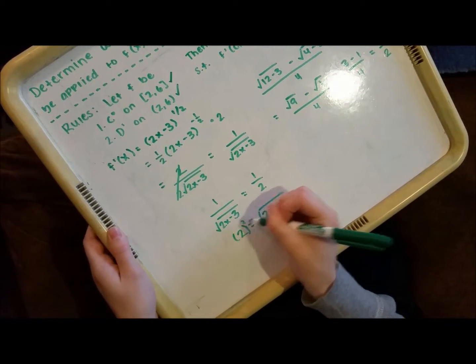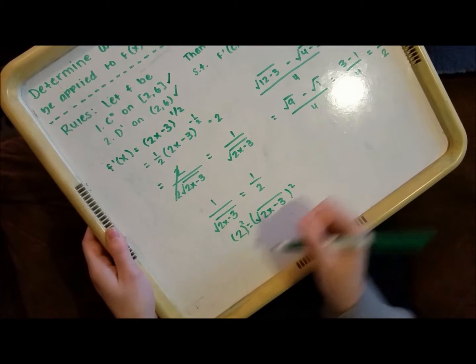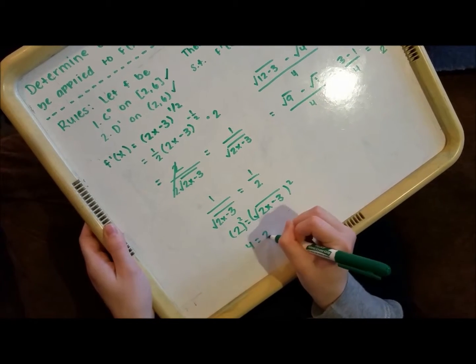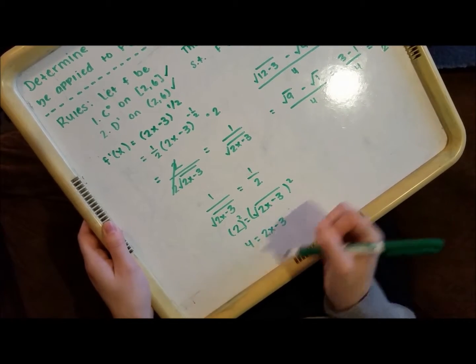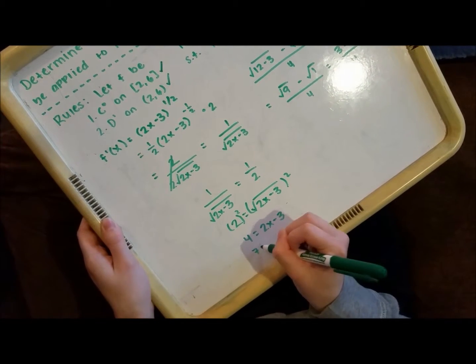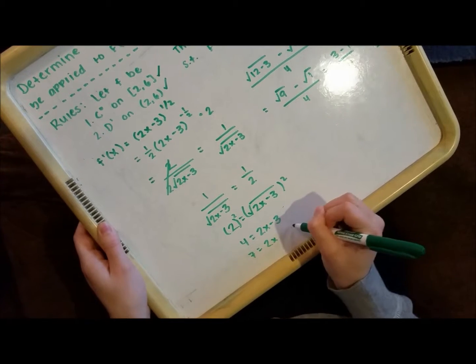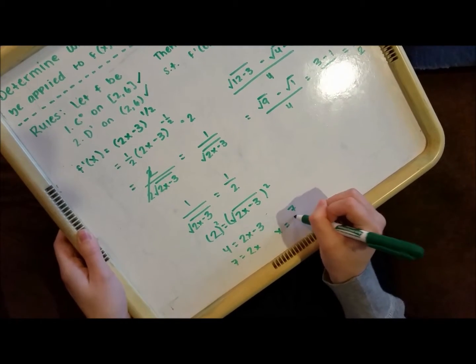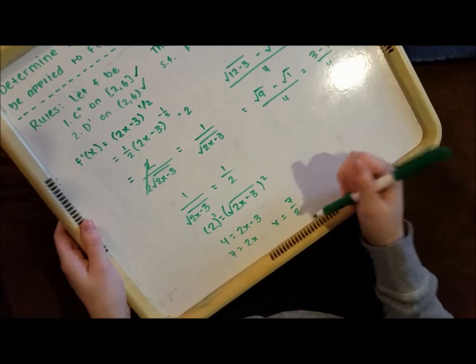If we square both sides, we get 4 equals 2x - 3. Add 3 to both sides and we get 7 equals 2x, and x equals 7/2.